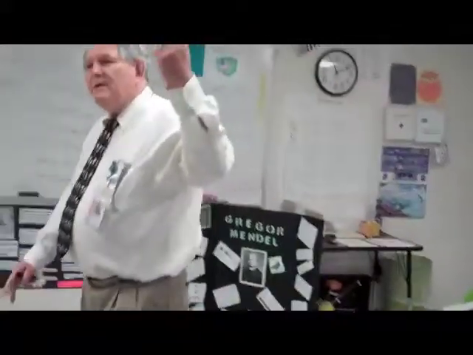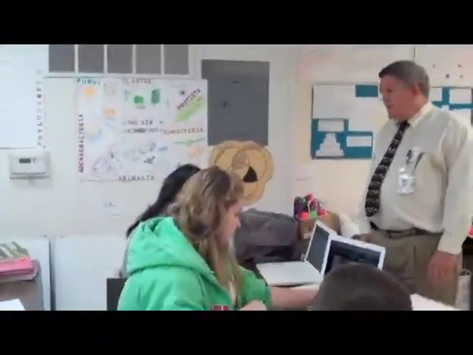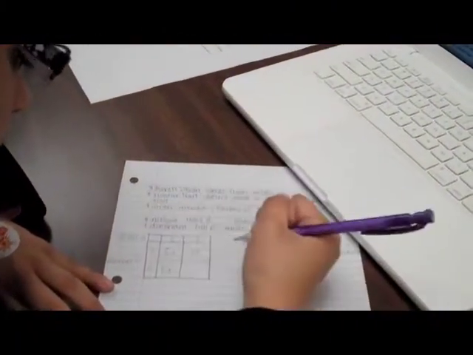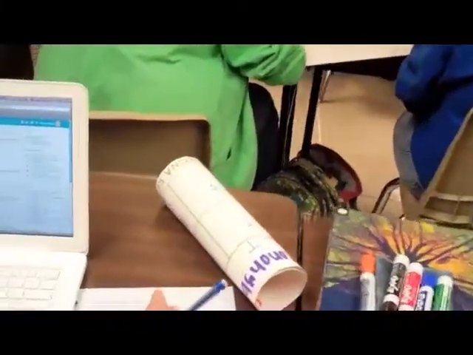Now, I want everybody to go ahead and finish the Punnett square with two dominant traits for the father and a non-dominant or recessive trait for the mother. Go ahead and do that on your paper. When you're doing a trait, use large letters for dominant and small letters for recessive.